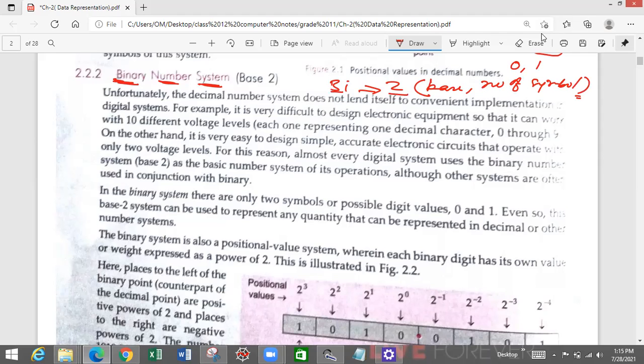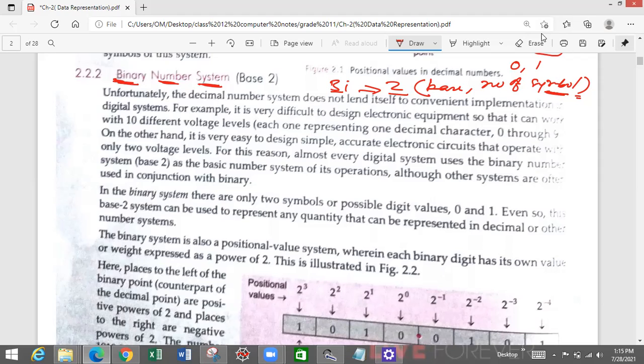Since we cannot utilize the decimal number system inside our computer, we use the binary number system. And what is the reason why we are not using decimal and why we are using the binary number system? The reason is very simple. If you use a decimal number system inside your computer, you will have to create a mechanism to represent all the 10 symbols from 0 to 9 and the related operations.